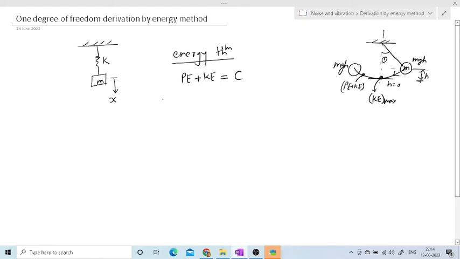Now to solve this one, here I am going to write the potential energy stored in the spring. As we have seen in machine design, in the spring topic, the force acting on the spring is directly proportional to the displacement.